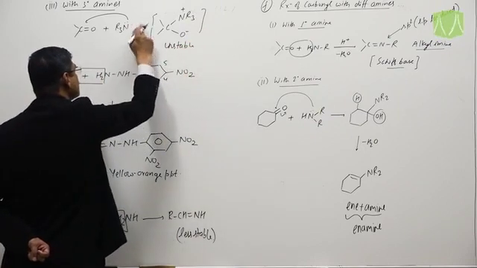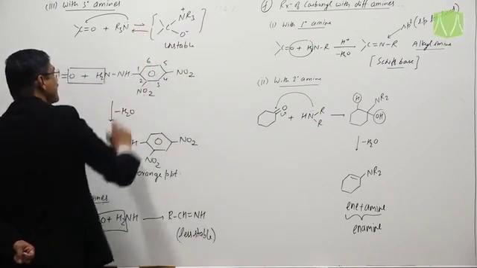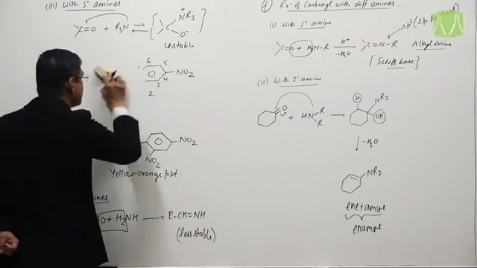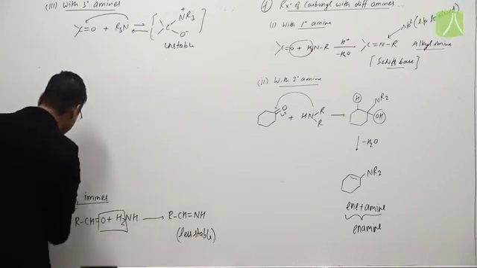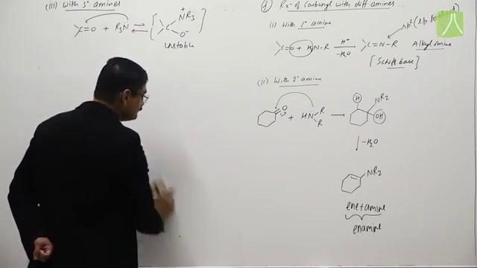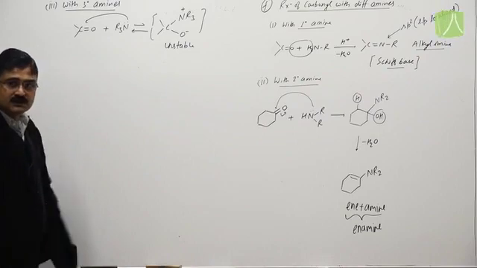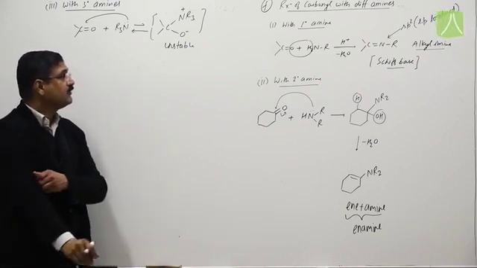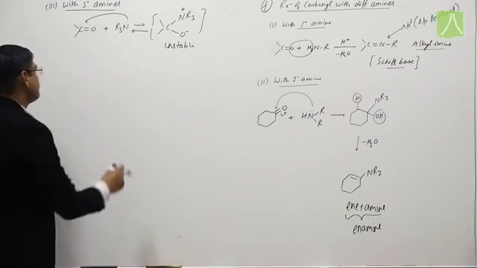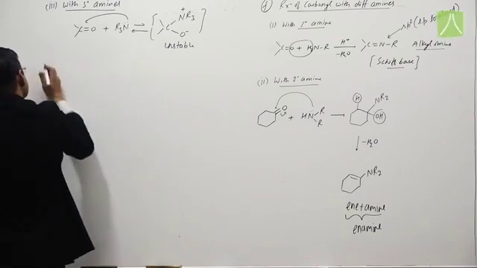So the reaction goes backward. So there is no stable product obtained with 3-degree amines, or you can say no reaction. So these are the addition reactions of ammonia derivatives with carbonyl compounds. Now come to some examples.